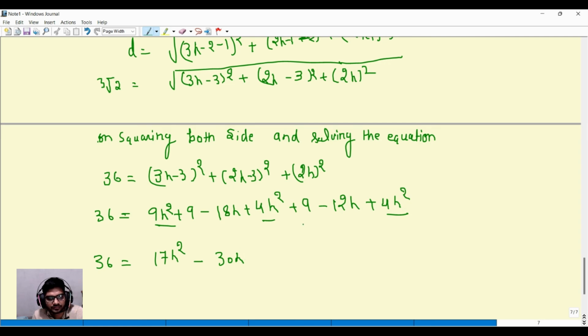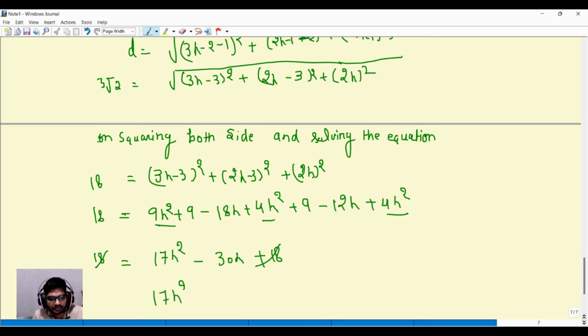Okay, then this value will be 18, not 36, because 3 3s are 9, twice is 18. So minus 30 lambda and plus 18. So 18 will cancel out with the 18.